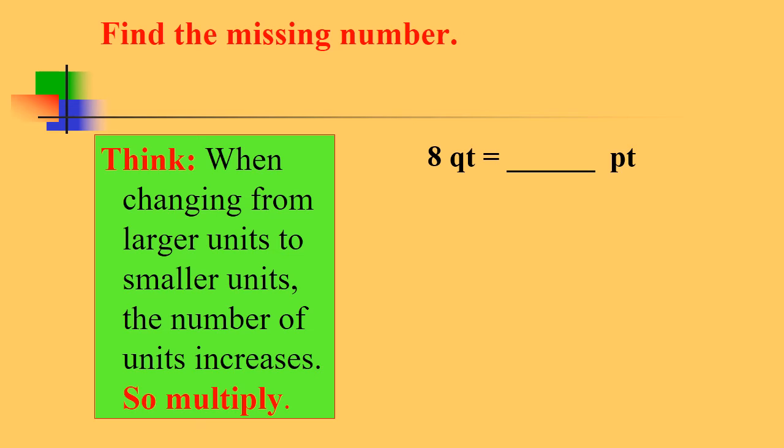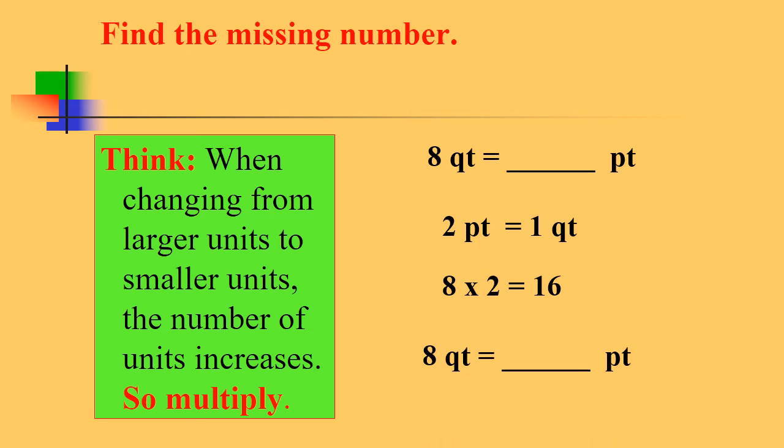Remember, when we go from a larger unit to a smaller unit, we multiply, and when we go from smaller to larger, we divide. So quarts is greater than pints. How many pints equal a quart? We know that 2 pints equal a quart. So our answer will be 2 times 8, which gives us 16. So 8 quarts will equal 16 pints.